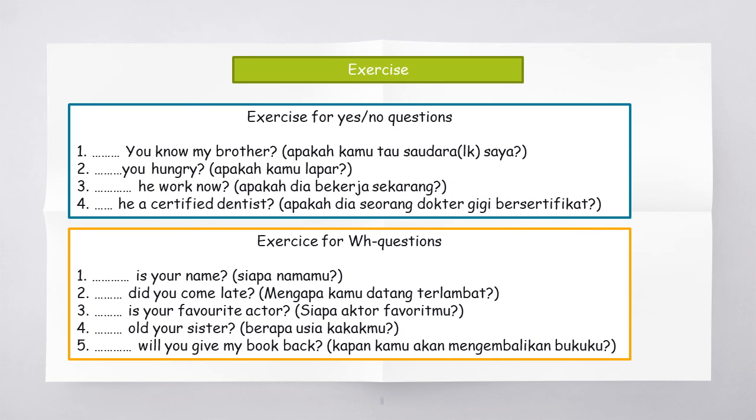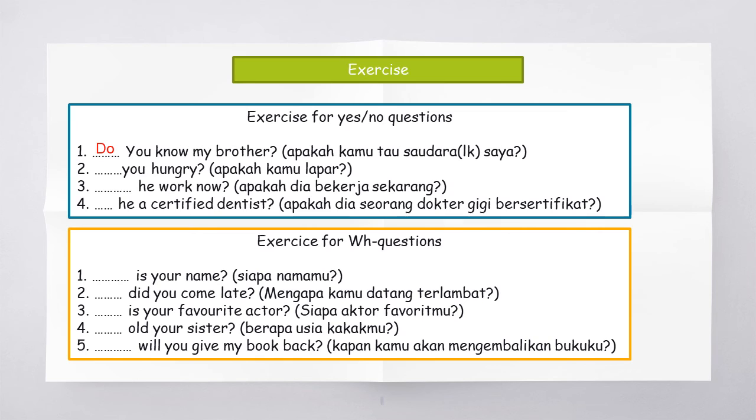And then we must use an auxiliary verb to answer the question. What is the answer? Do you know my brother? Okay, do you get it?